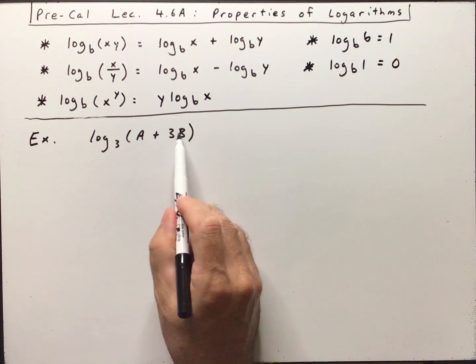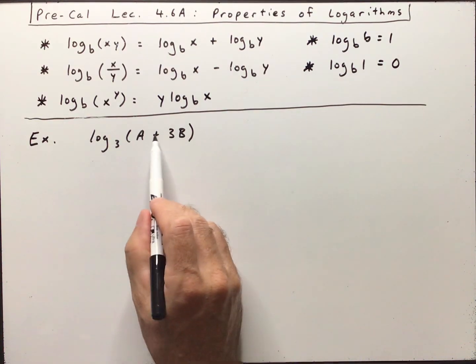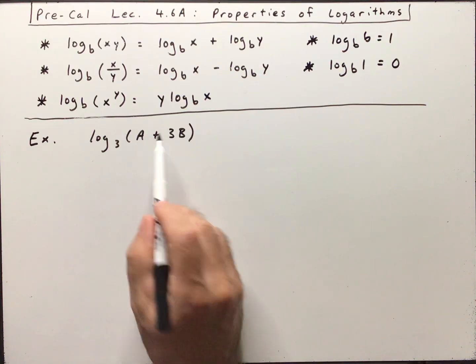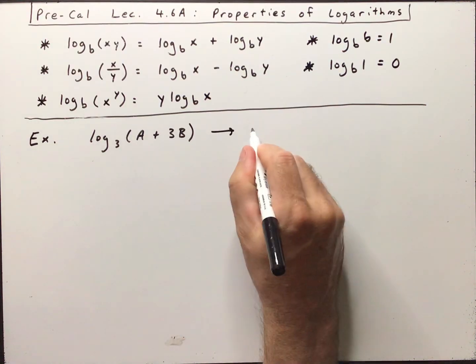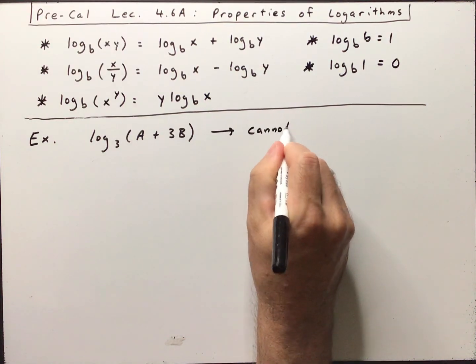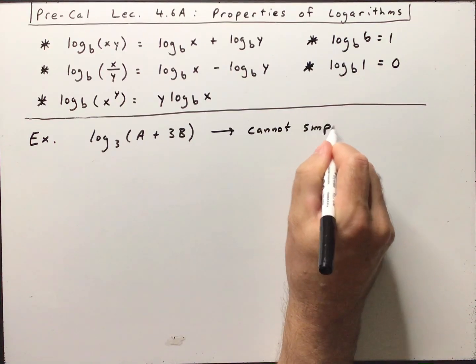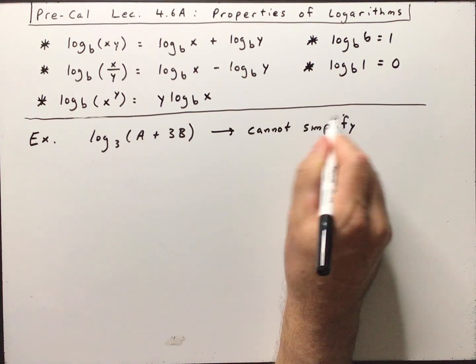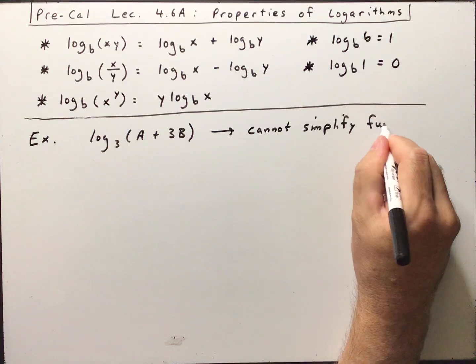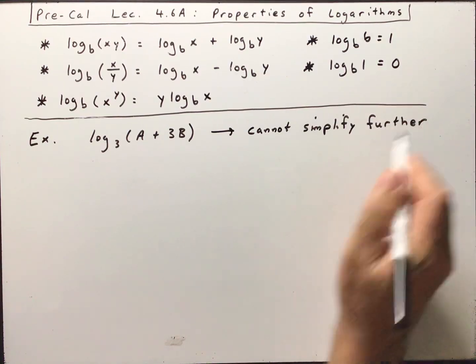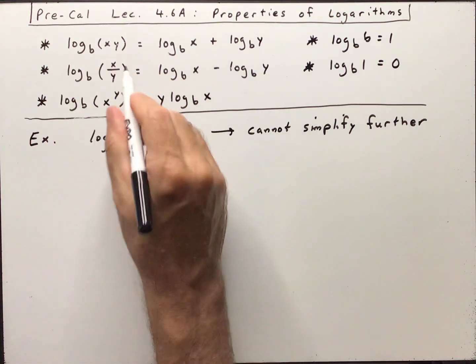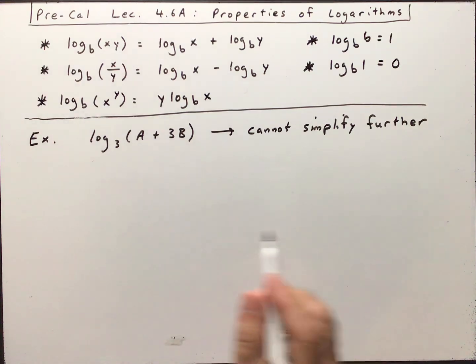You can't take this as a product into a sum because it's attached to an a with a plus sign. So this is one where we cannot simplify further. So be careful. You only have rules for these things up here. That's one we don't have a simplification rule for.